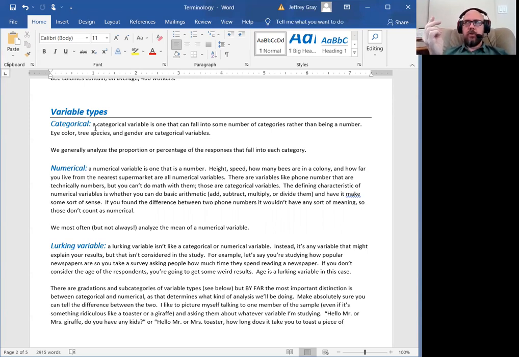The answers to those questions fall into a variety of categories and are not numbers. That's the important thing. They're not themselves numbers. That does not mean that we won't have numbers associated with categorical variables, but the numbers will be what percentage fell into each category. The answer to the question itself is not a number. We derive numbers from them by counting how many fell into each category.